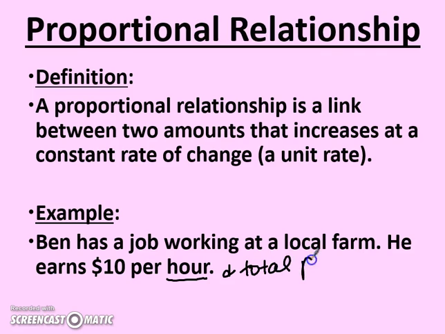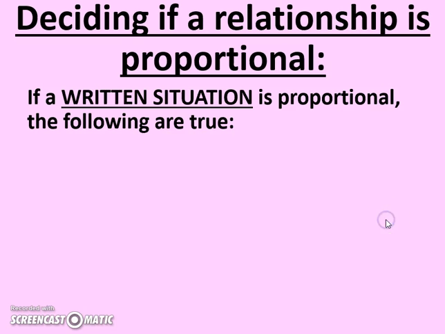You see, his total pay will go up $10 every hour that he works. So it increases at a constant rate of change. Every time he works an hour, it constantly goes up by $10. This is an example of a proportional relationship.